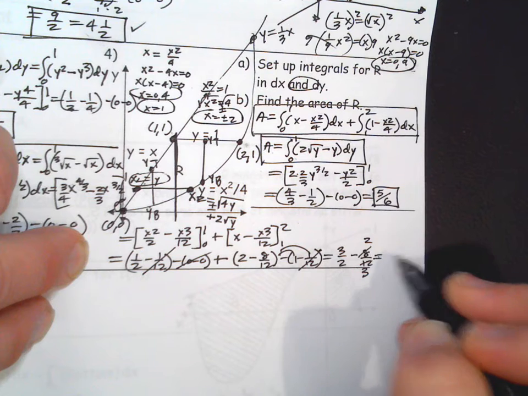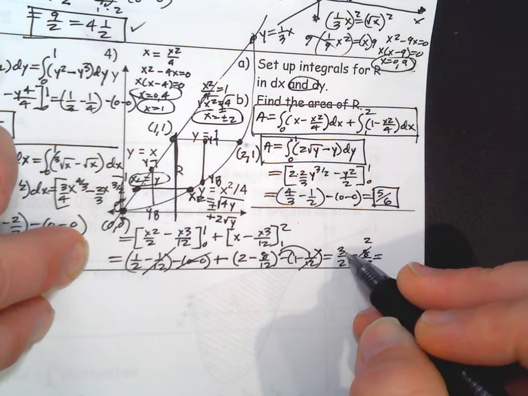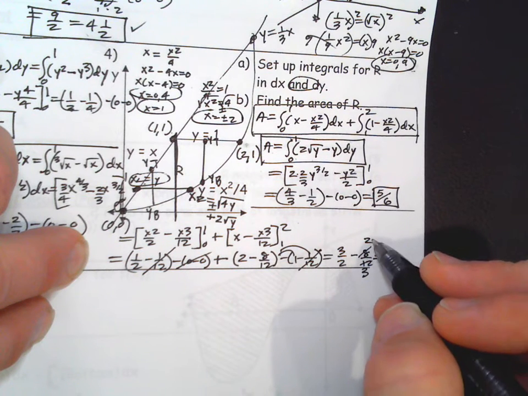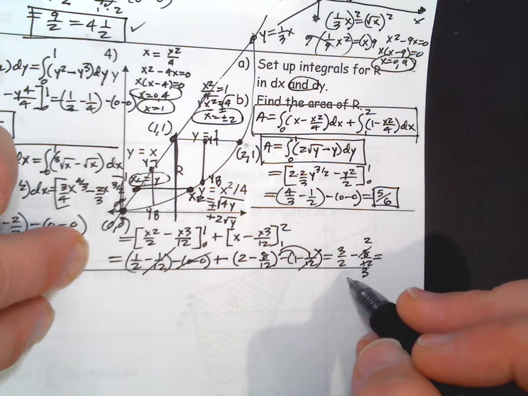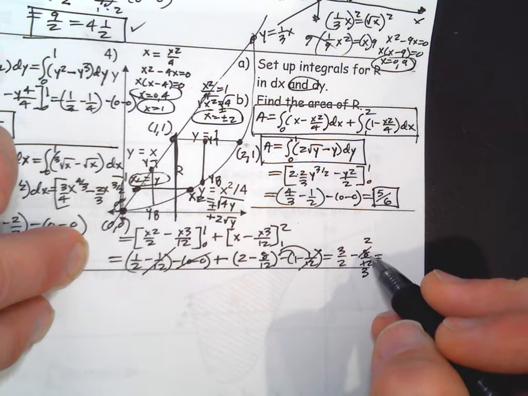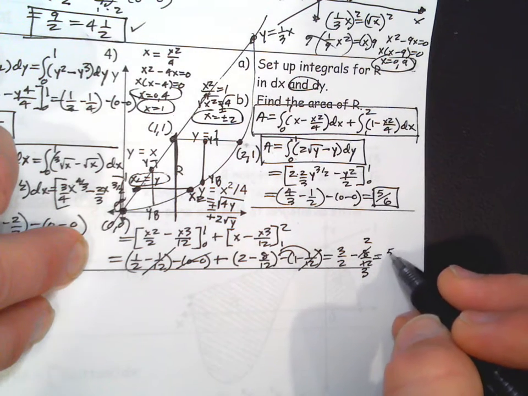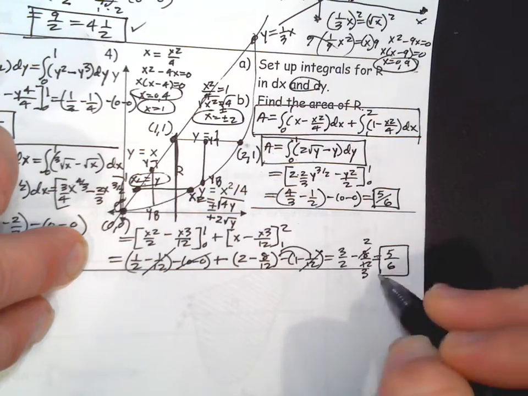But then when we bring it down, that's going to be 9 sixths minus 4 sixths. Hold on. Let's just make sure I did all this right. 9 minus 4 sixths is 5 sixths. Eventually you get the same answer.